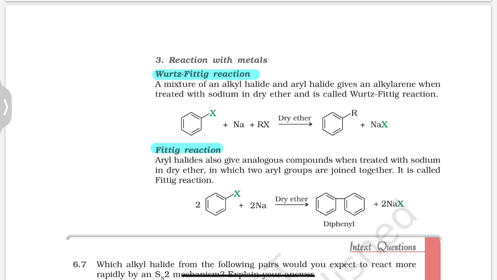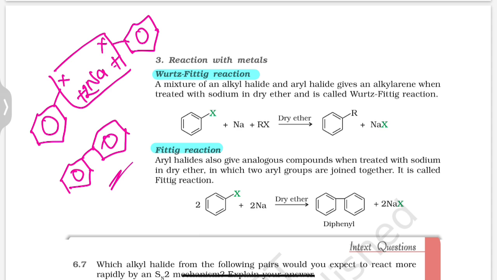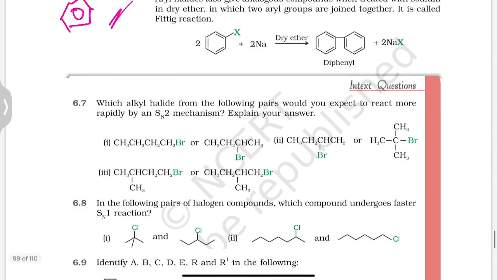So this is 1 aryl halide, you are treating with sodium, and then this is another aryl halide. So here 2 NaX will be eliminated and you will be getting the product like this. So this is the product which is obtained.